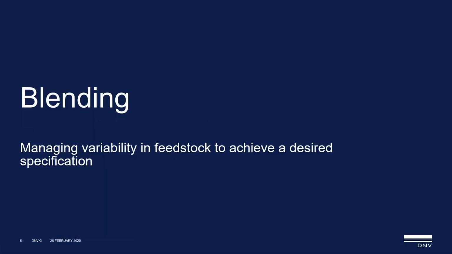Last but not least is blending. Blending is a critical operation in petrochemical plants where multiple feedstocks, intermediates, or final products are combined to meet quality, cost, or operational requirements. Hence, we have included this in Maros 10.